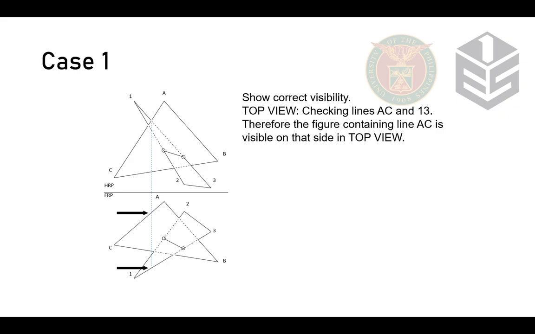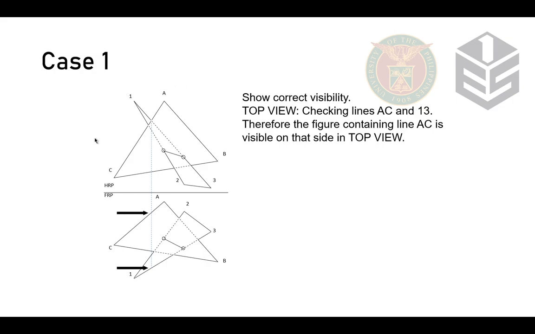And whenever you notice that your final answer looks a little bit odd, then try to check if your correct visibility is actually correct. Again, when we check correct visibility, all views are independent of each other, meaning we have to check correct visibility for each of our views.